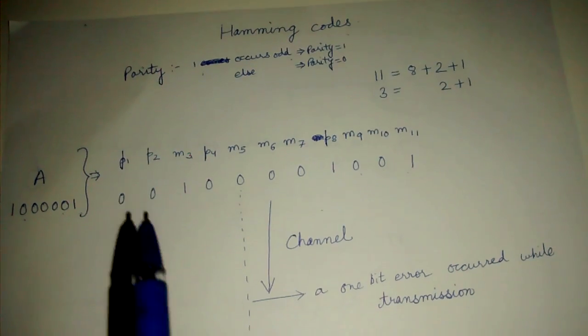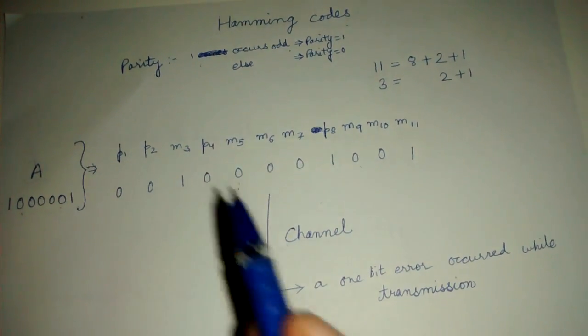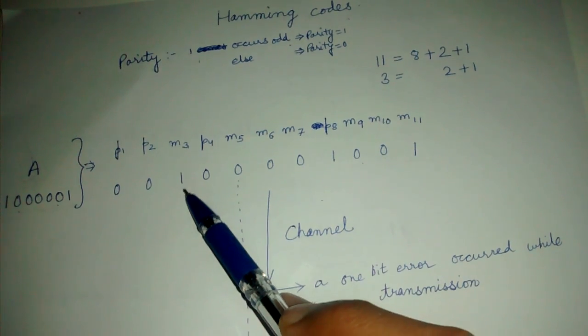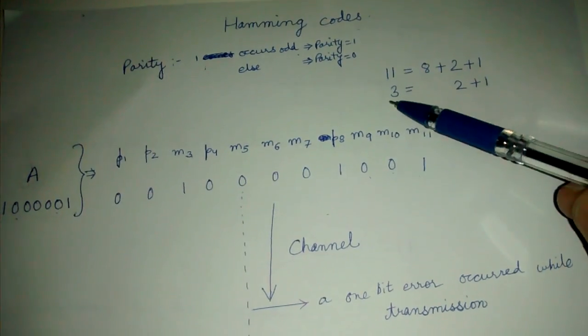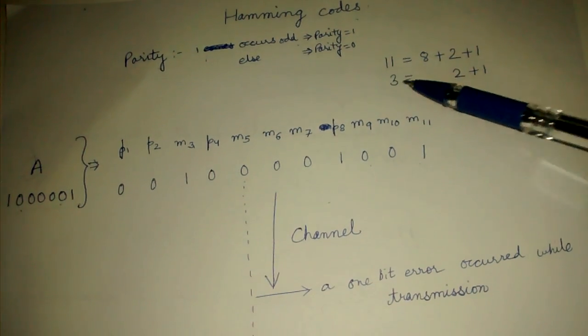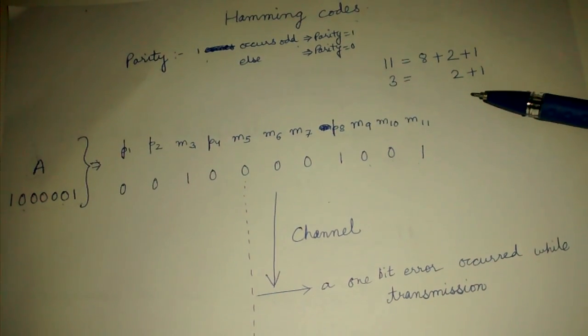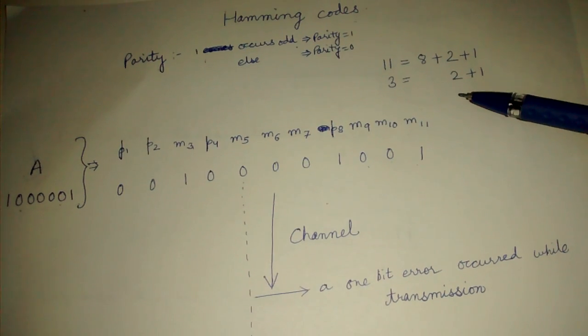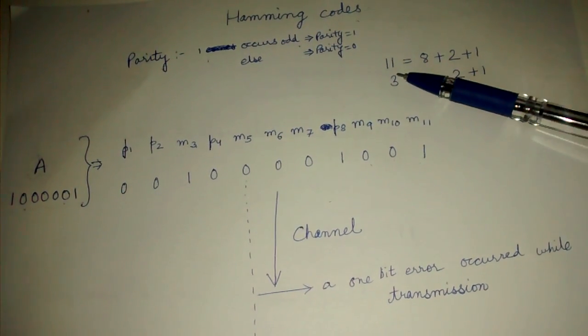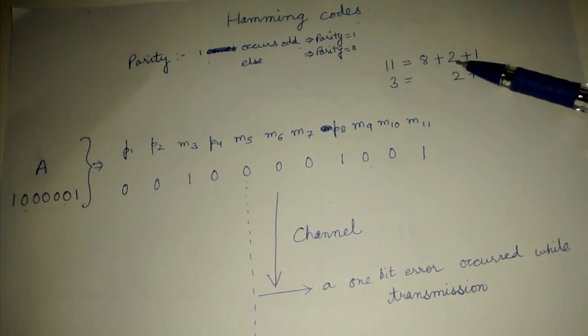Let's say we consider a bit M3. We represent 3 as a sum of powers of 2, so we represent it as 2 plus 1. Similarly, we represent 11 as a sum of powers of 2, 8 plus 2 plus 1.